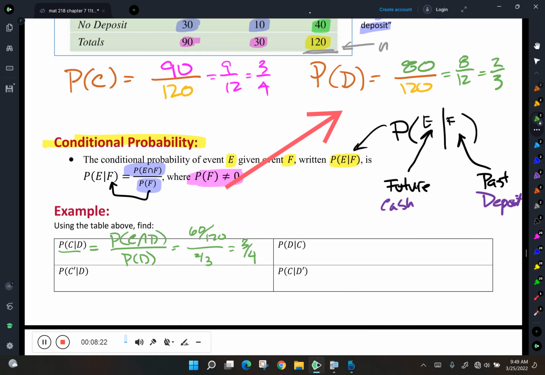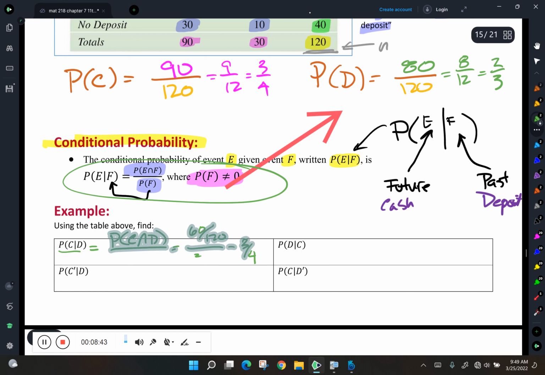Okay? Now, this is the formula way to do this. There's also another way to look at this. Essentially, what conditional probability does is reduce our sample space. So I'm going to go ahead and erase this.